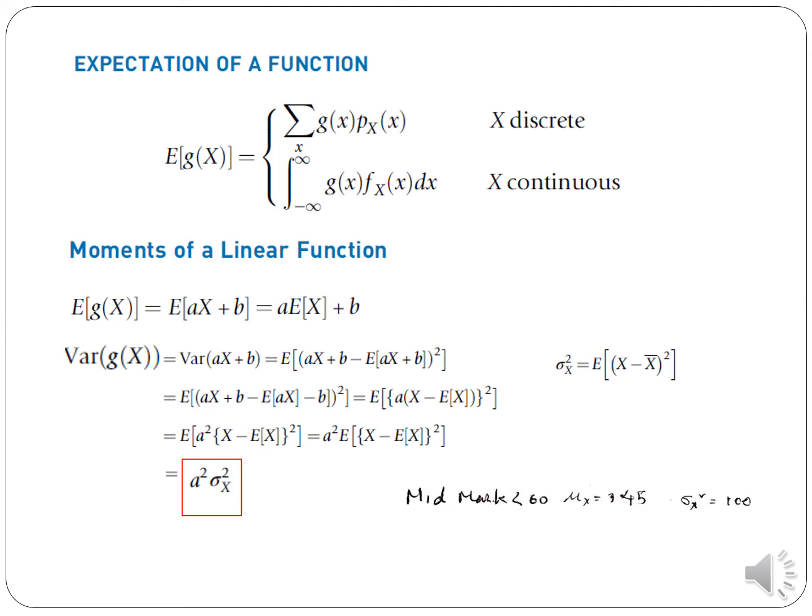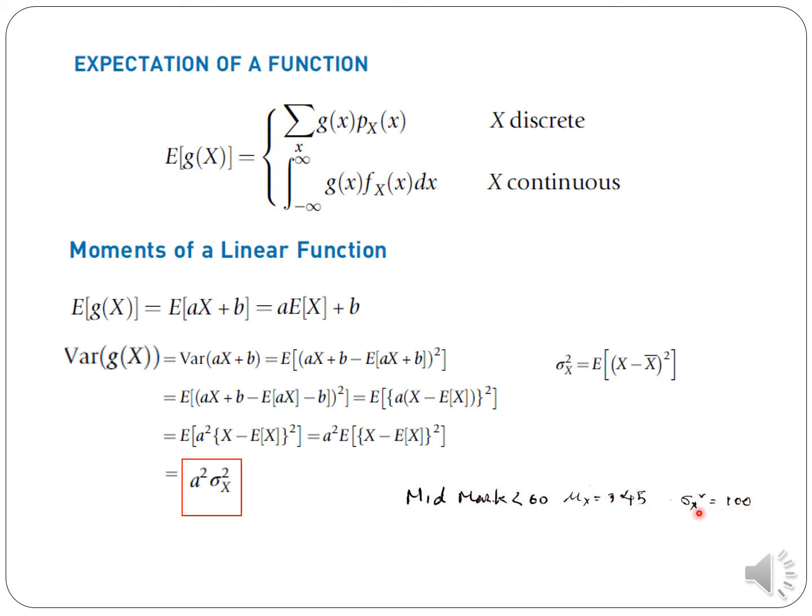For example, we are giving an example like this. Our midterm exam is out of 60 marks. So let's say the mean value or expected value is 45, and the variance is 100. That means standard deviation is 10.